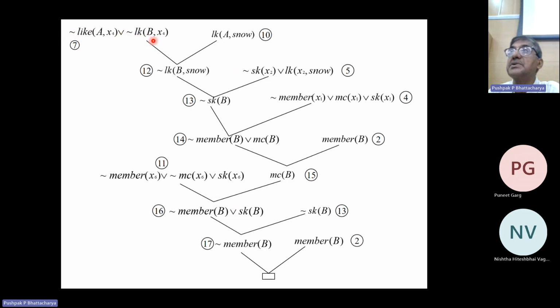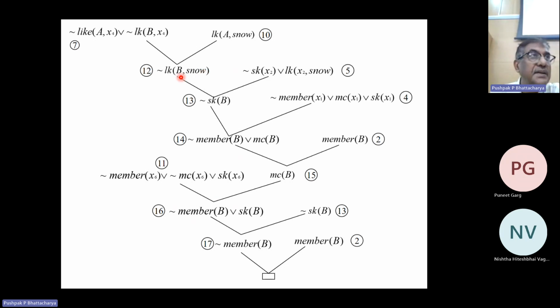X4 has become snow. So not like A snow and like A snow, they cancel each other. This is the resolution. And both the predicates are dropped. And we get not like B snow. So we have been able to infer that B doesn't like snow.